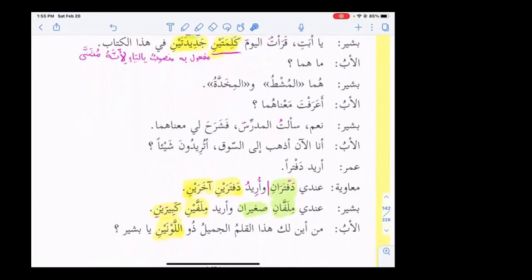Umar says, "Uridu daftaran." Okay, see, uridu is a verb that will need mafulun bihi. I want. Uridu daftaran. What is daftaran?